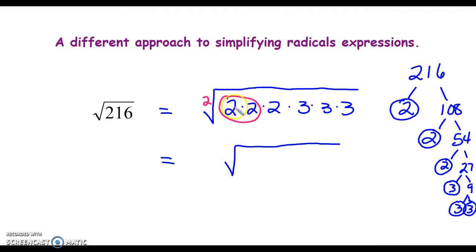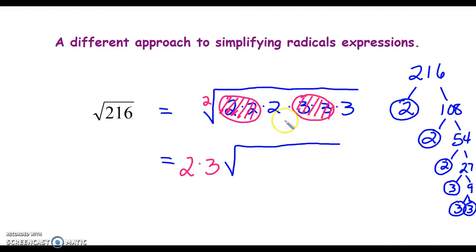Do you see what we're doing here? So in order to eliminate this under the radical sign, it comes out as a pair of 2's. Because we're doing the square root, it comes out as 2. Okay? There's another pair right here. That pair of 3's comes out as 3.